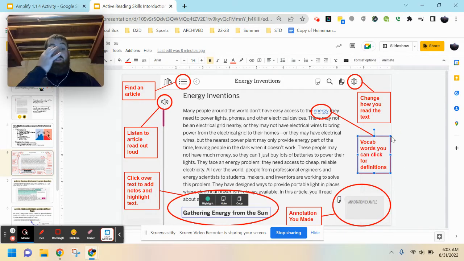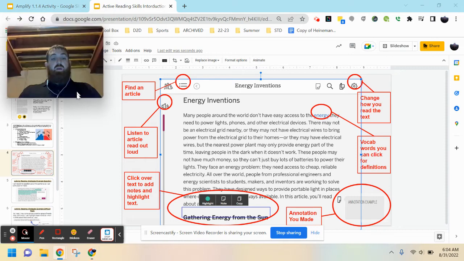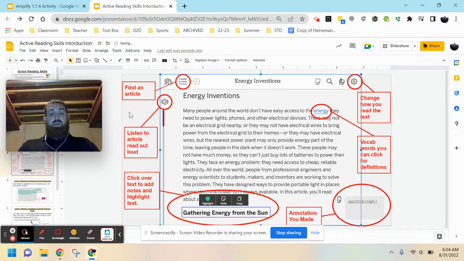Whenever we make annotations, we click over the text and we drag across the text wherever we want to make a note. And you'll see this little icon here that shows that whenever you click on those texts or whenever you highlight those texts, you'll see this little icon pop up where you can highlight sections and then take notes.